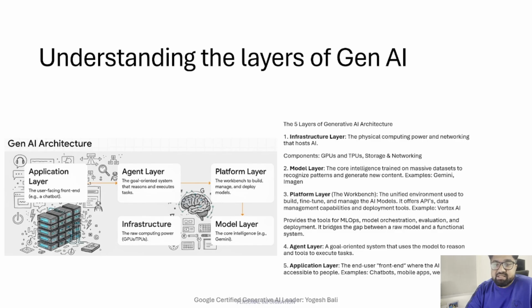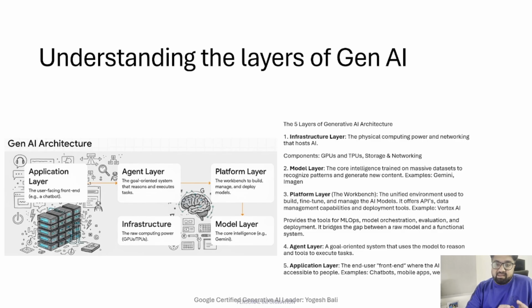Agent is goal oriented. It needs to complete some task, and to complete it, it uses inputs, tools available to it, and also Gen AI models. And then the top layer is the application layer, which is the user interface, which can be a chatbot, mobile app, website.